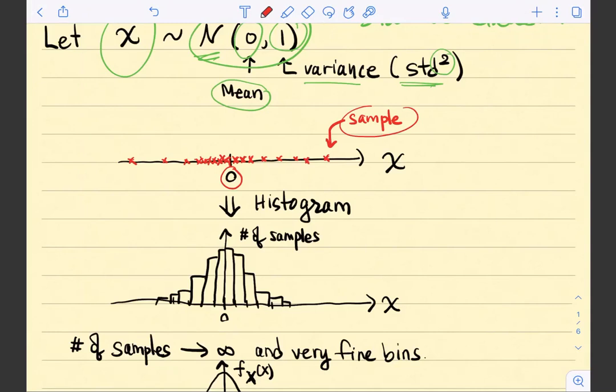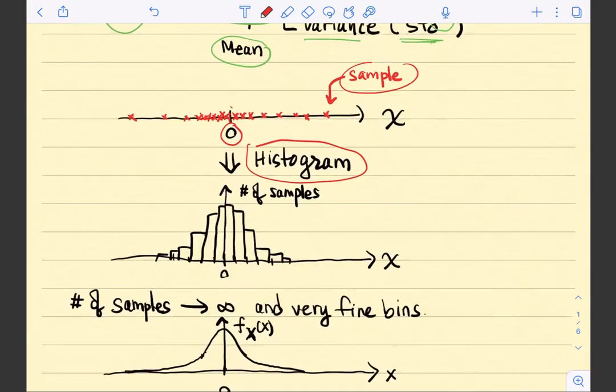Okay. What you can do is make a histogram. What is a histogram? You divide the x value into smaller bins. For example, if x falls into this value, then you count the number of samples. So the axis here is the random variable, or the output, and I divide it into many smaller bins.